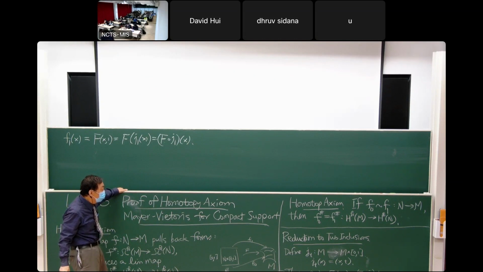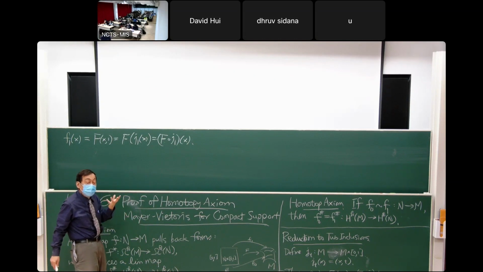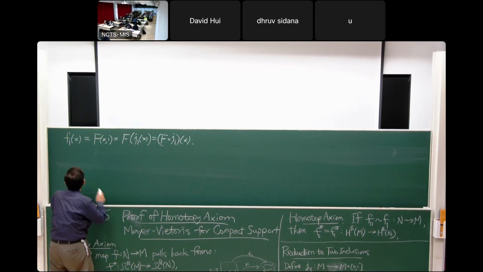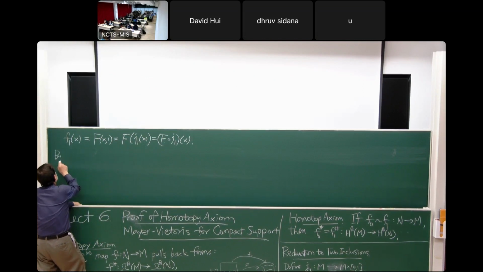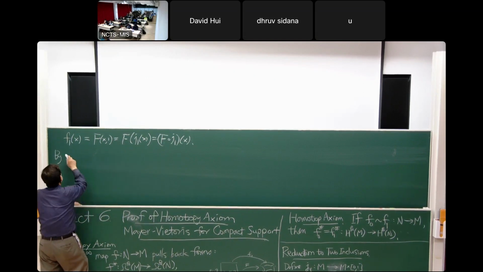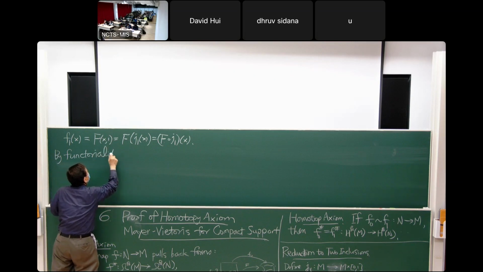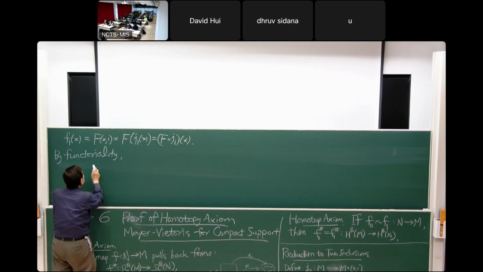Okay, now you know that the pullback has this functorial property, that the pullback of the composition is the composition of the pullback. So by functoriality, let's start with F0.